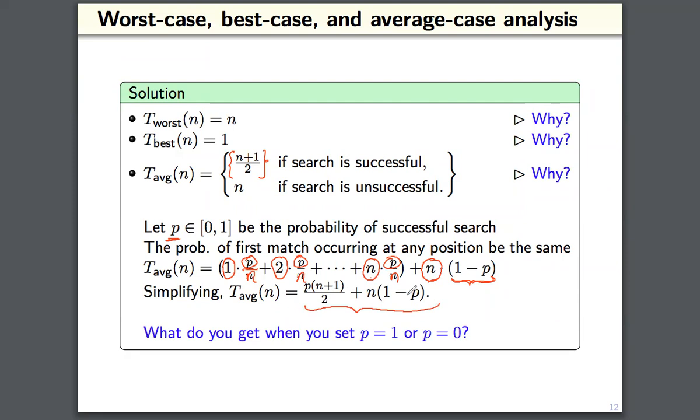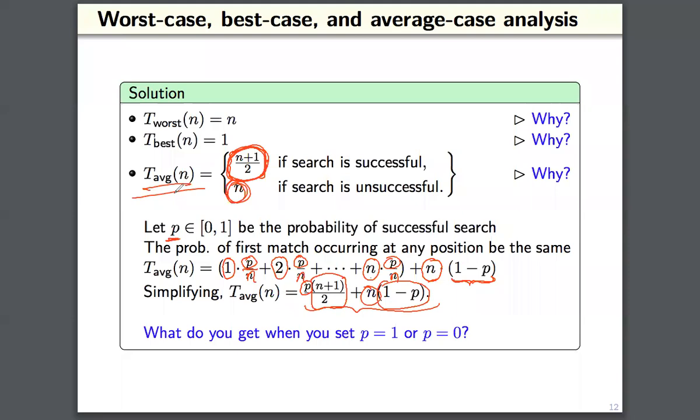This is the final expression. That means with the success probability of p, what is the total number of comparisons? (n plus 1) by 2. With a probability of 1 minus p, right? So if search is unsuccessful, the number of comparisons is n. This is your average case analysis.